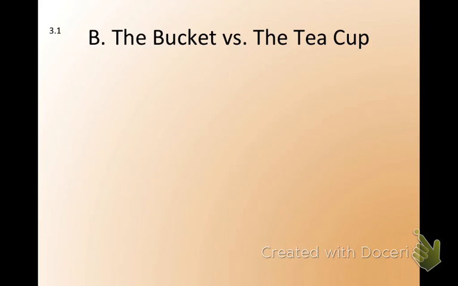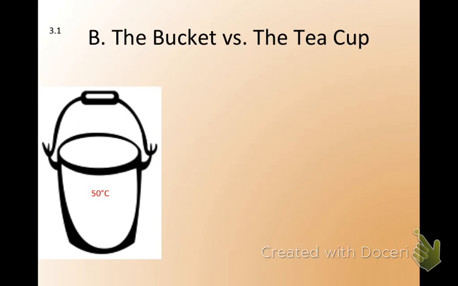But let's take a closer look at temperature, and by investigating temperature, we're going to come up with a term that we've talked about in Chapter 2 again, heat. And heat is going to allow us to talk about our new term in this chapter, which is energy. So I've got the following analogy. I've got a large bucket over here, and it's full of water at 50 degrees Celsius.